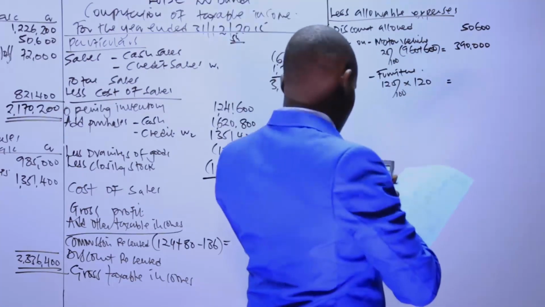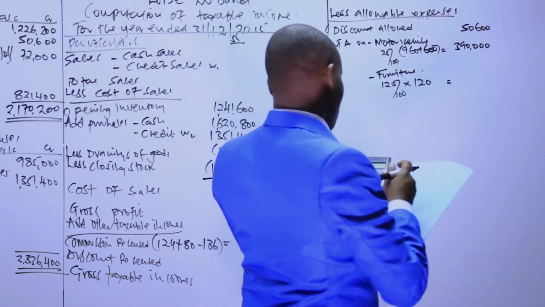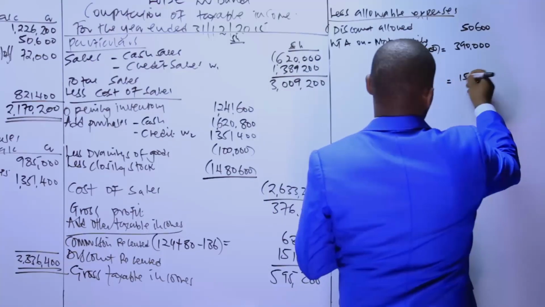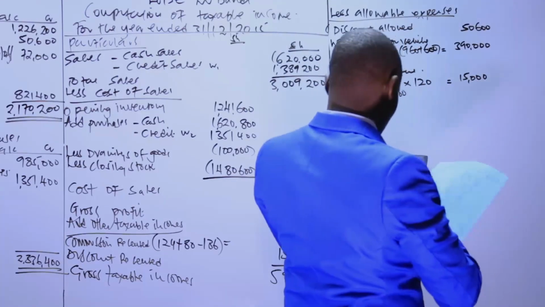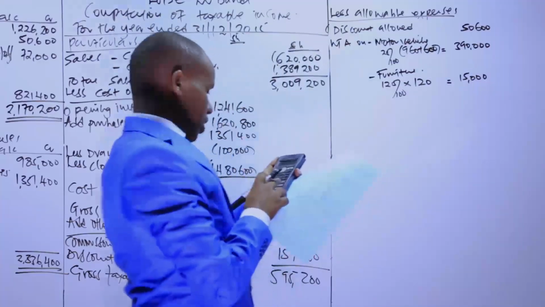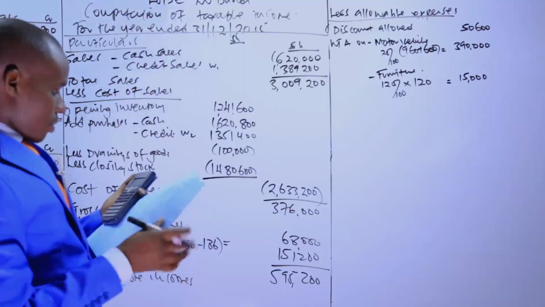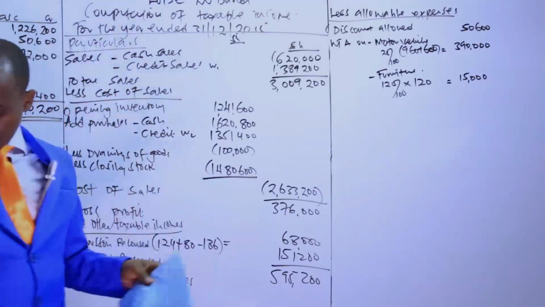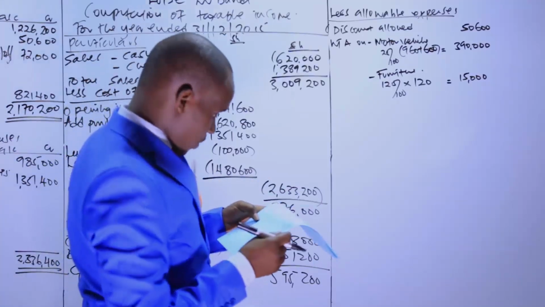The other one is 12.5% times 120,000. You get 15,000. Now the other one is we consider the other item that is depreciating. So note 3 we are done.